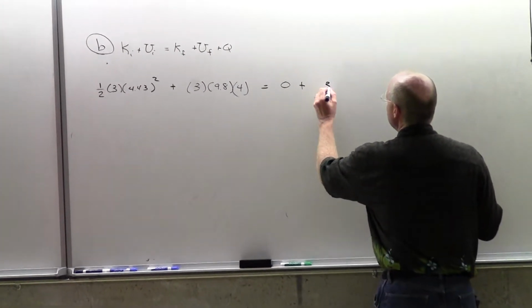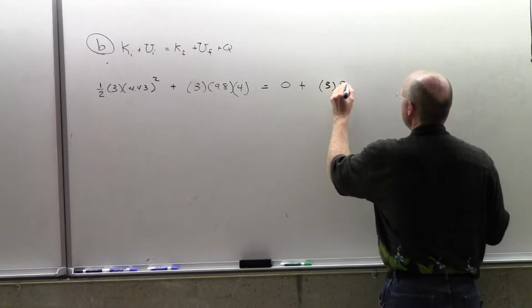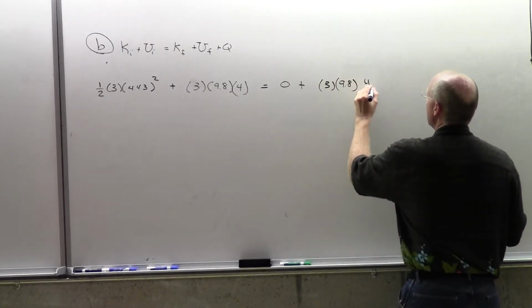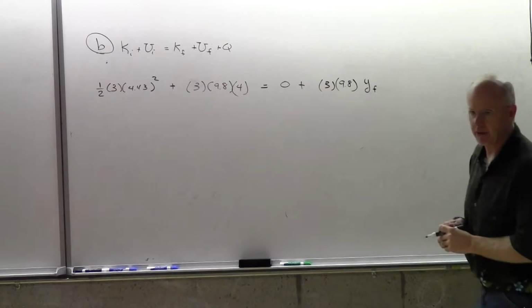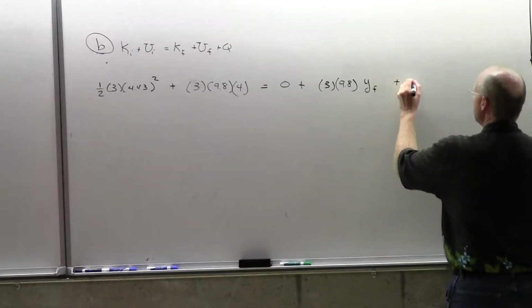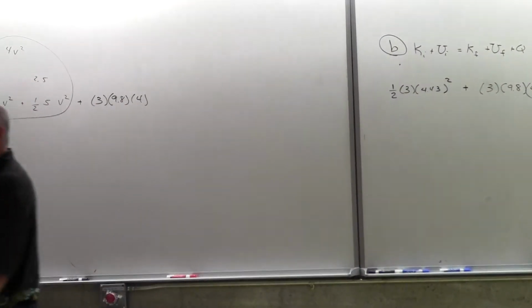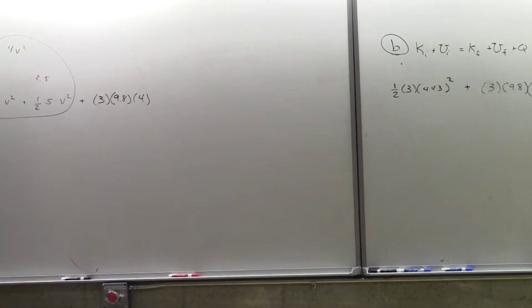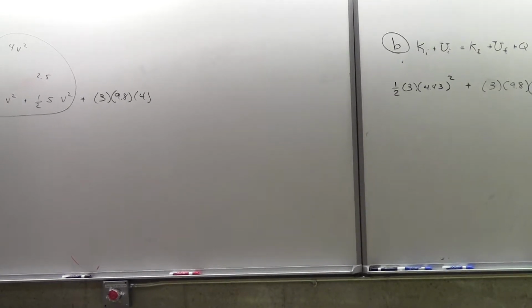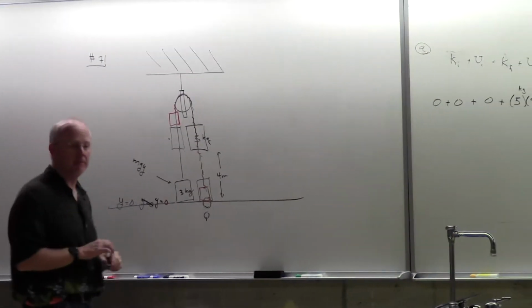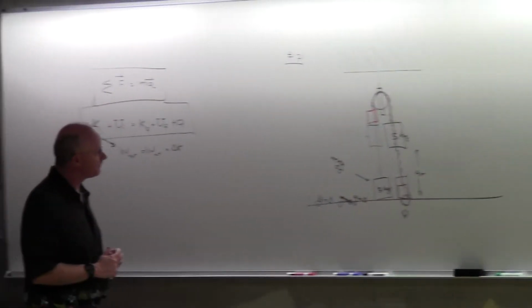And then, of course, it is at some new height. And so we can write that as y final there. And of course, there's no heat to worry about in this viewpoint because we're not looking at the total energy of both objects anymore. We've kind of switched that here, and we've let it make impact with the ground.